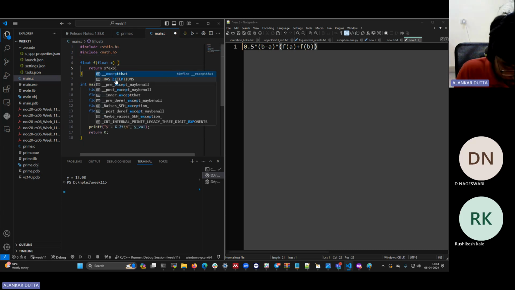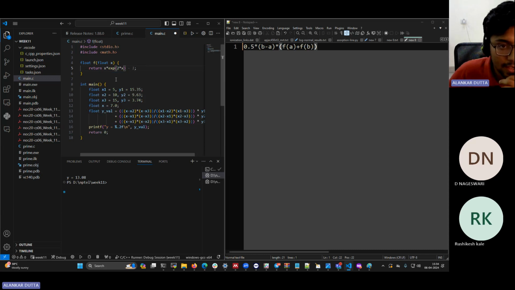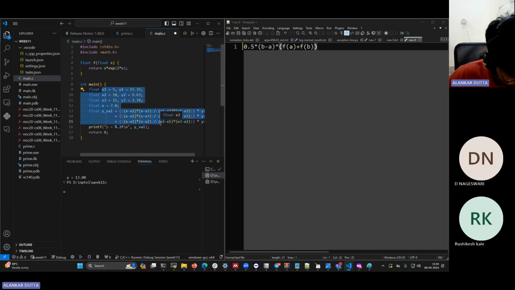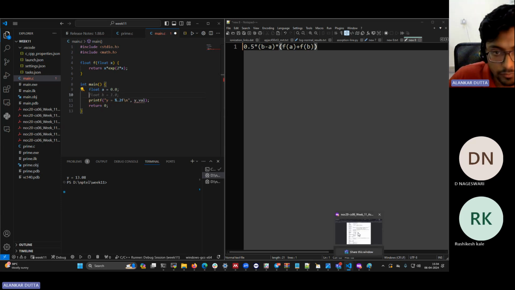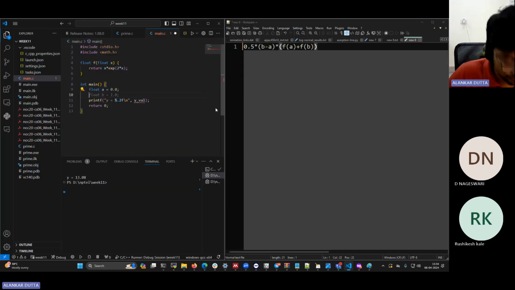So x times exp of 2 times x is the function we are looking at. And let's define a. We start from 0, and we go till 1.5. Now let's define float h. We know h is nothing but b minus a, so we'll do b minus a.